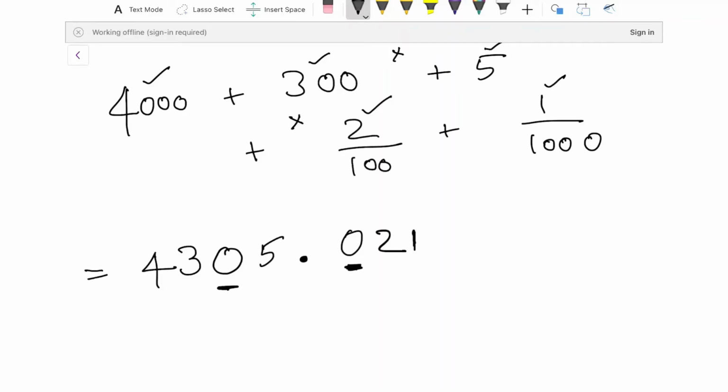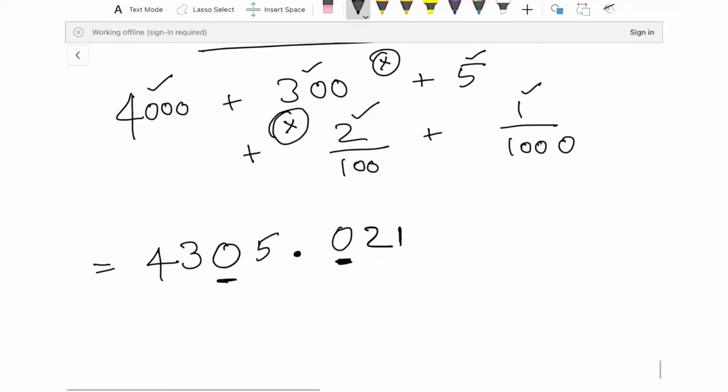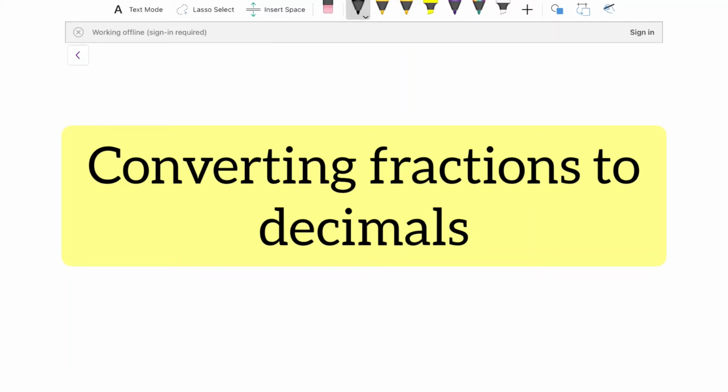We don't have any digit in the tens place and also in the tenths place. So this is how you can write a decimal from the expanded form. Now let's see how we can convert fractions to decimals.